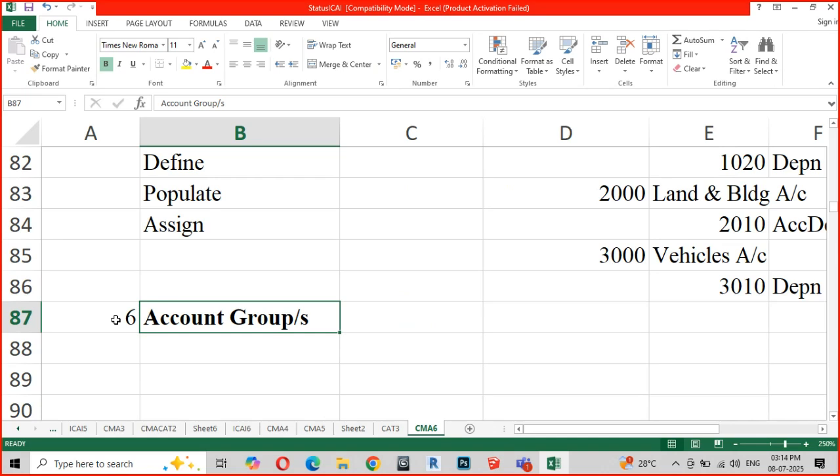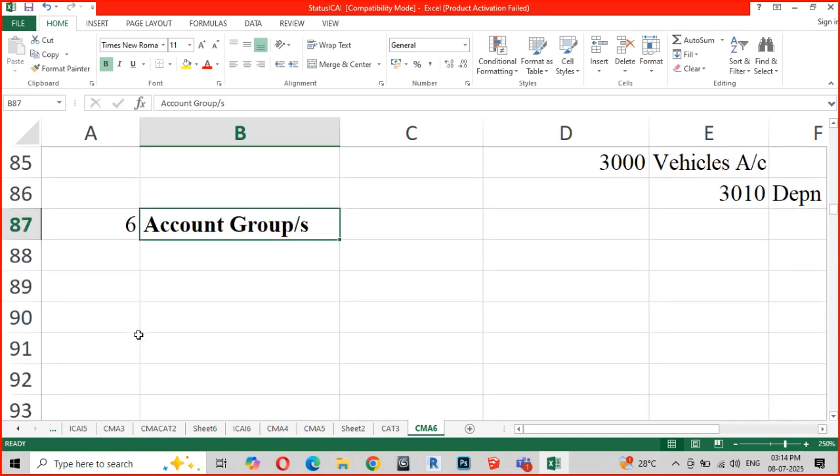So how does SAP give you the ability to bifurcate or differentiate all these general ledger accounts?